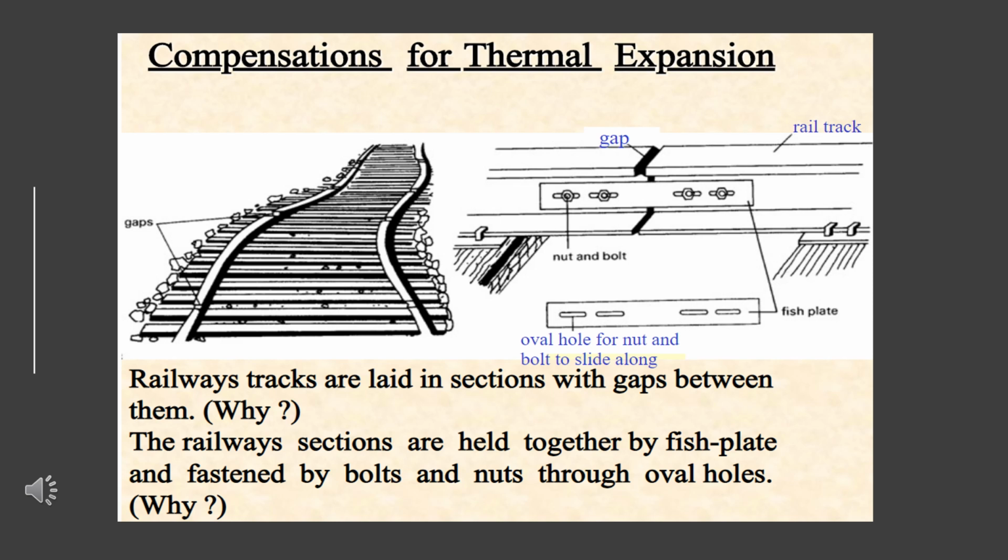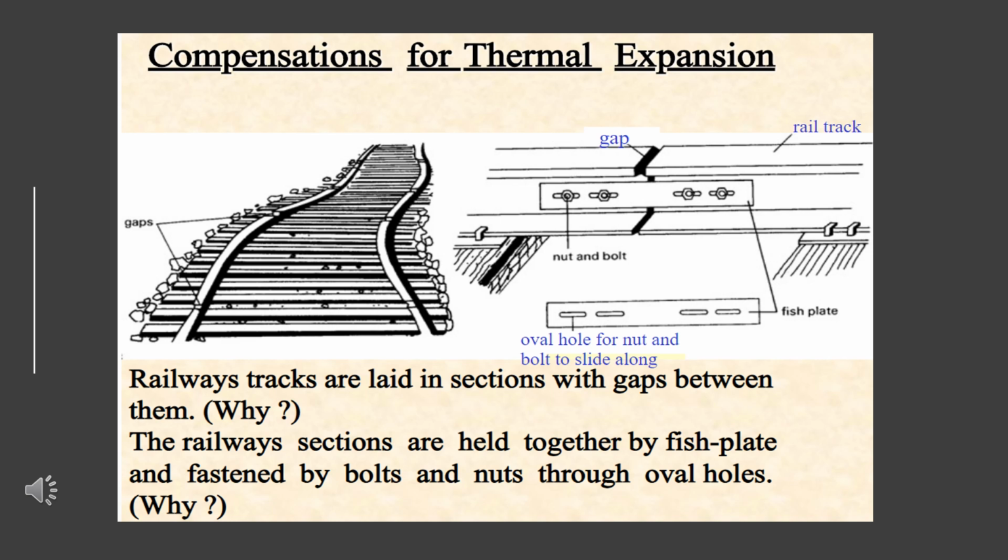So there is some gap which is left so the fish plate can move along because of expansion and contraction. To avoid any kind of accidents, this precaution has been taken while preparing the railway tracks. This is one of the daily life examples.